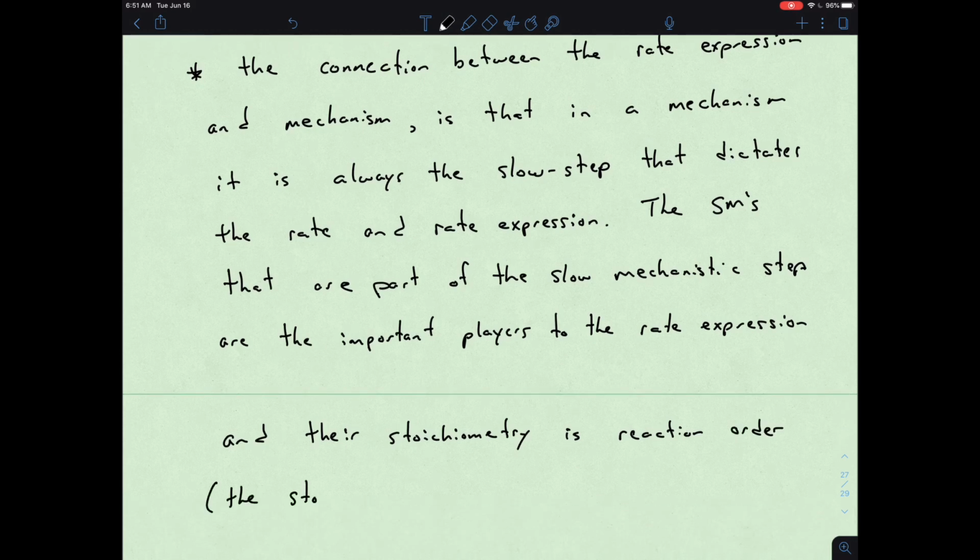The stoich really shows the molecularity of a process.